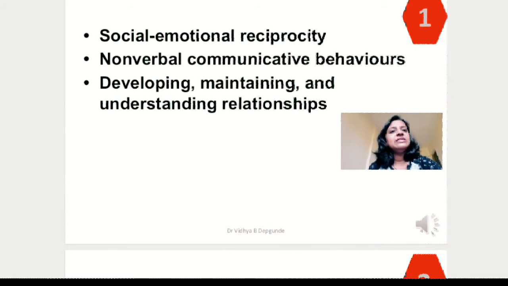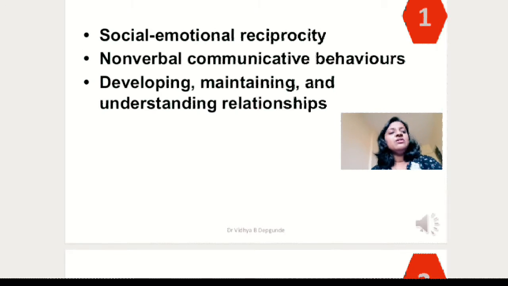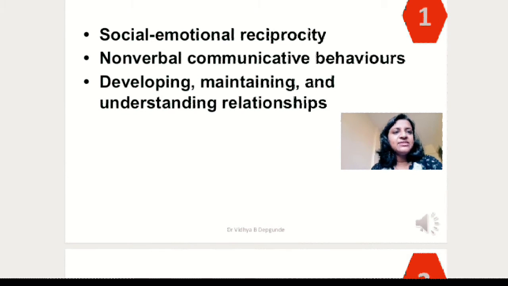The third thing is developing, maintaining and understanding relationships. In this category, the person or the child does not understand the point of social relationships. The person does not seem to be interested in making friends. He's not interested in expressing himself in the right manner, the way he should according to his age.